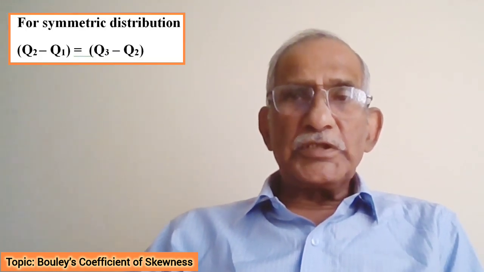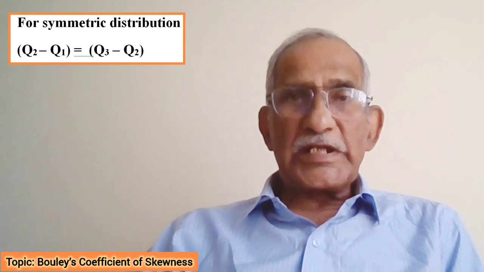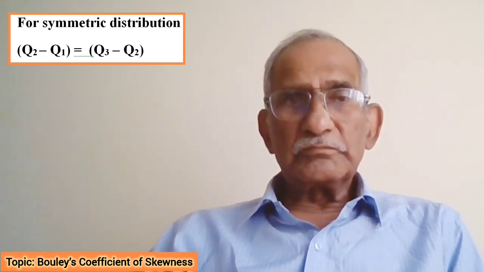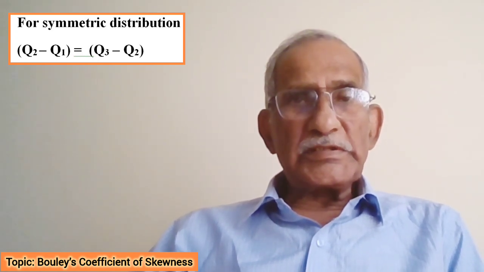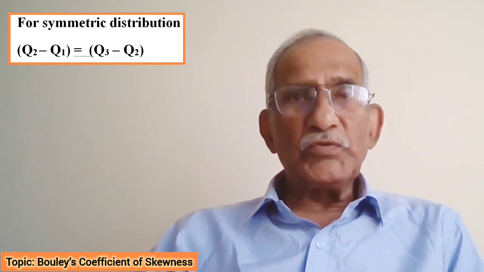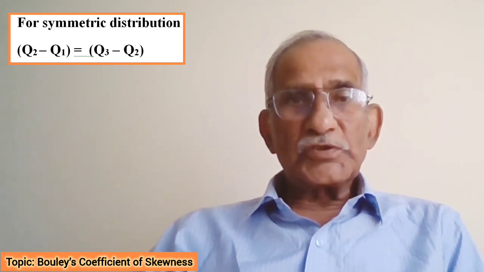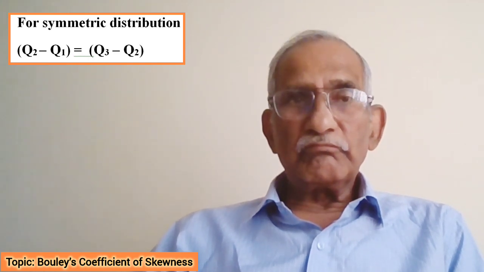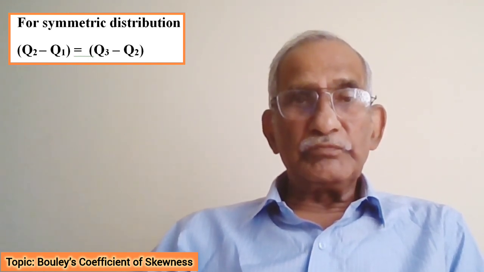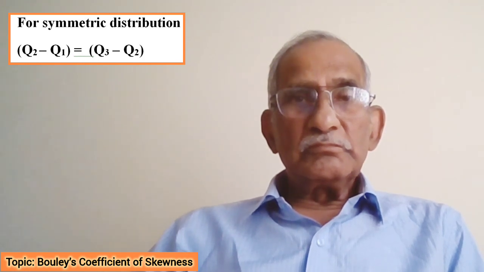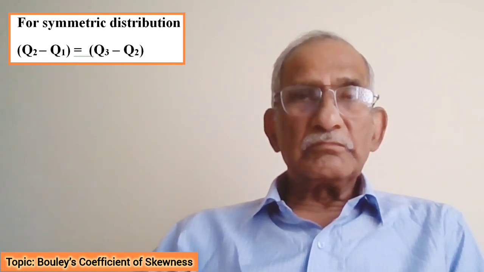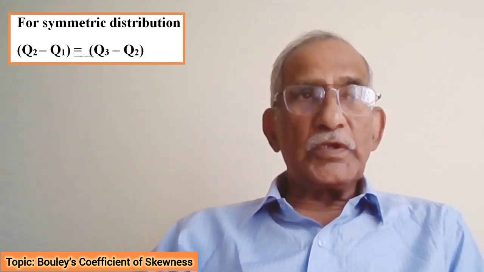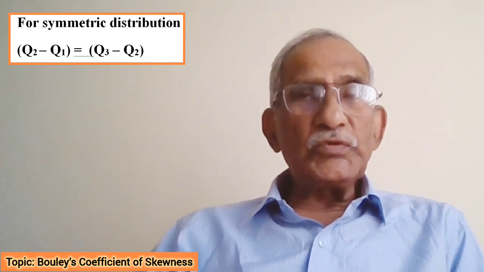The difference between Q2 and Q1, that is the second quartile and the first quartile, that is Q2 minus Q1, should be the same as the difference between Q3 and Q2. That is Q3 minus Q2. So we can say that for a symmetric distribution, Q2 minus Q1 is equal to Q3 minus Q2.